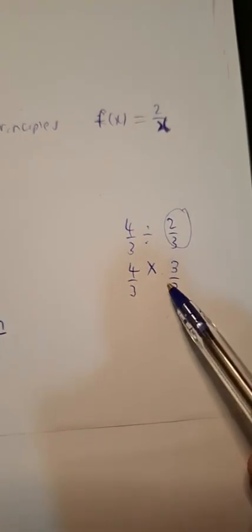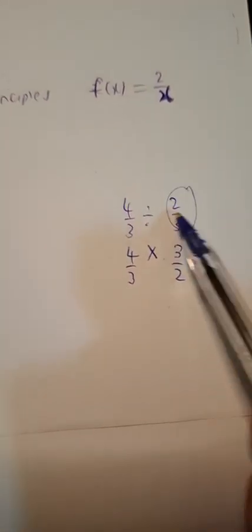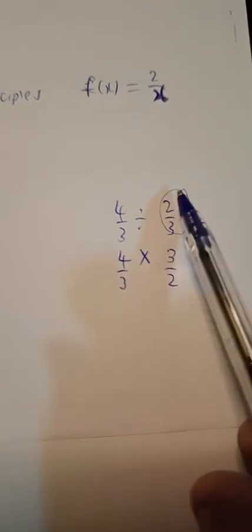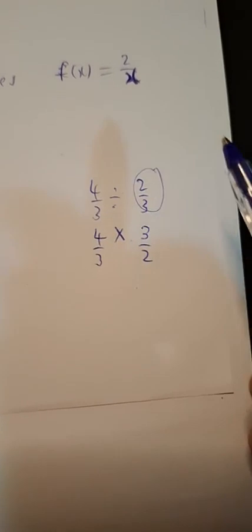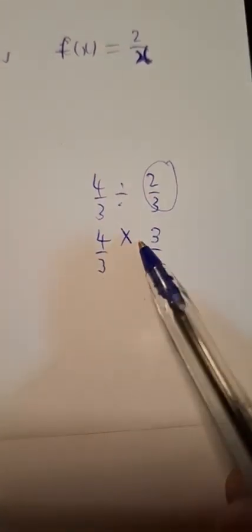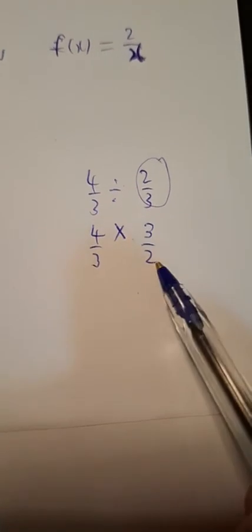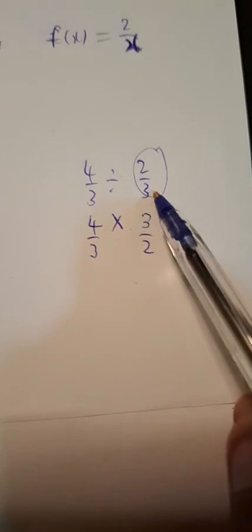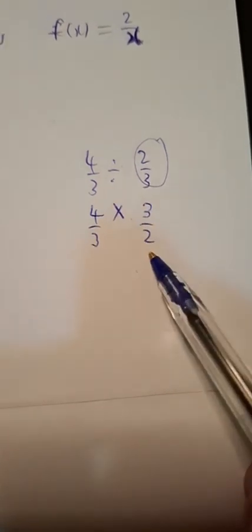We're doing calculus, okay? It's grade 12 calculus. So yeah, we're looking at deriving using first principles. So this is calculus grade 12. So 4 over 3 times 3 over 2. So the divide would change to multiply, and then you would invert this fraction. It becomes 3 over 2.